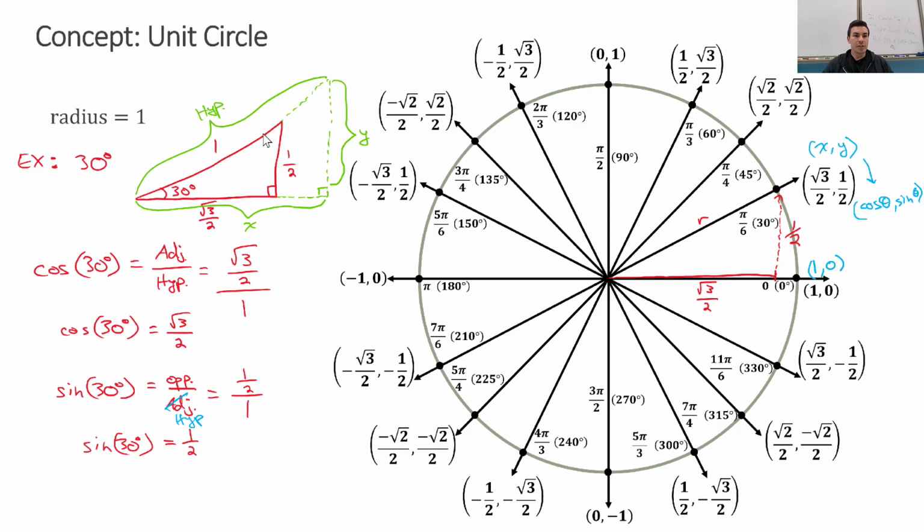This relationship is simply a relationship of the legs of my triangle, and since the proportions of these legs aren't changing at all, if I look at the cosine of 30 degrees of this larger triangle, it still just equals √3/2. So these relationships extend to triangles of any size as long as these angles are the same.